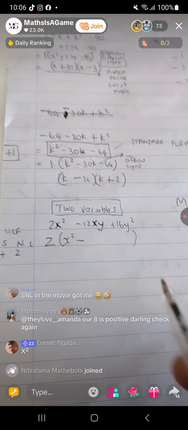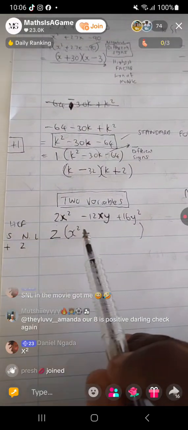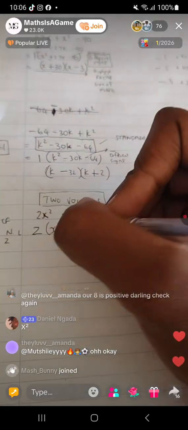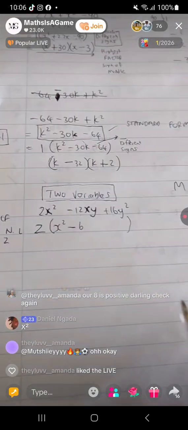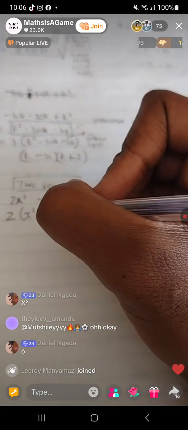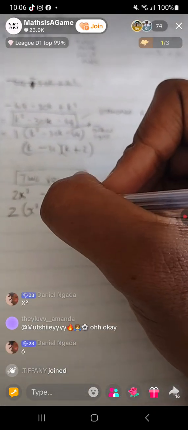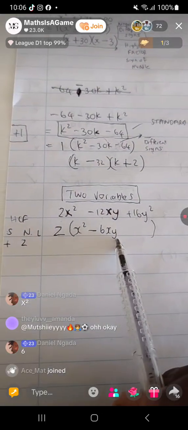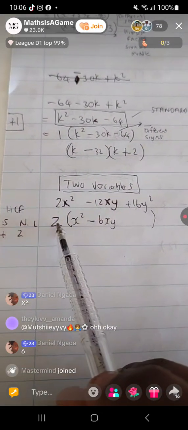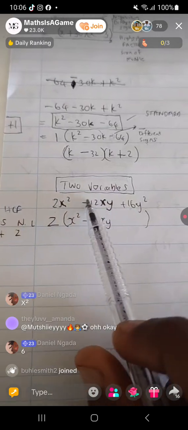It's still a negative sign. 2 times what gives you 12? Or what is 12 divided by 2? 6. The xy still there, because it is the leftover variable after taking out the 2. If you multiply this back, you get that back.